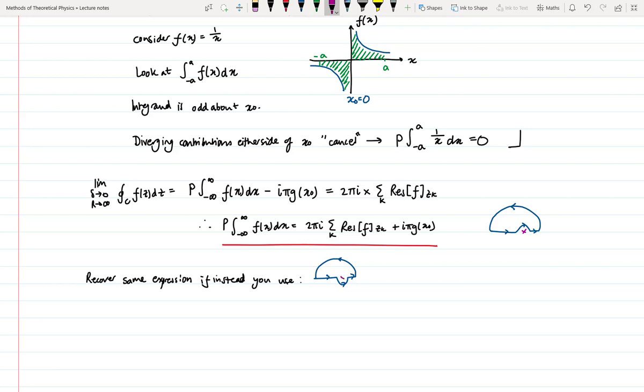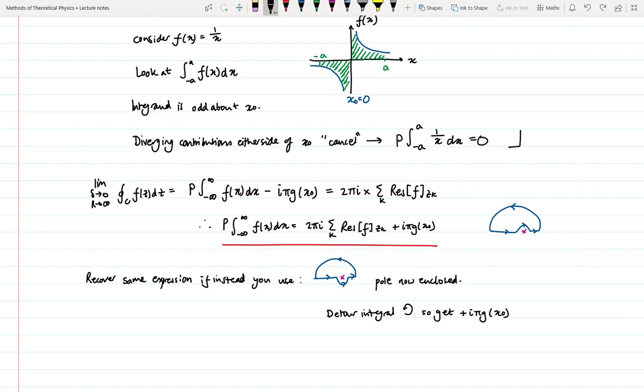Where now this pole lying on the real axis is enclosed by our contour. This is straightforward to see, because now the detour integral is traversed in the anti-clockwise sense. So the contribution you're going to get is now plus I pi g of x naught.